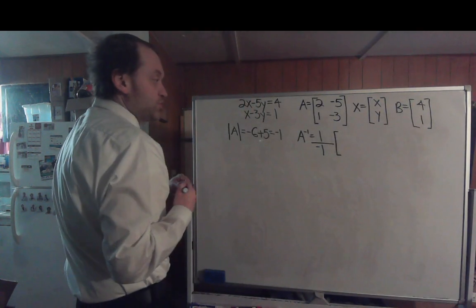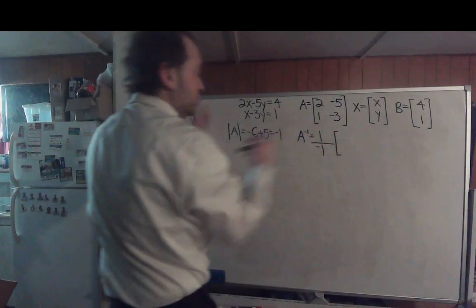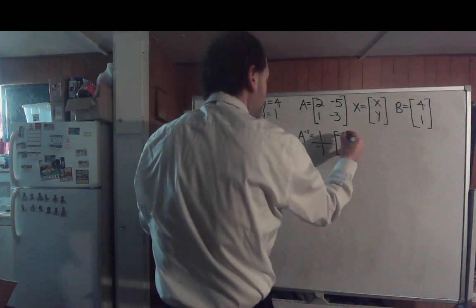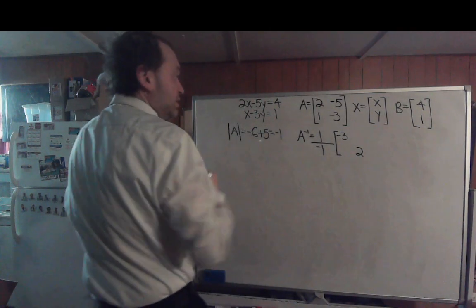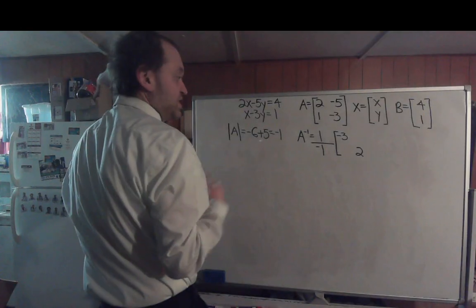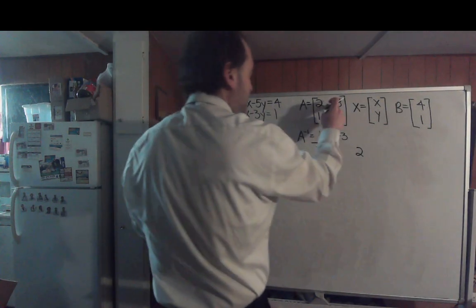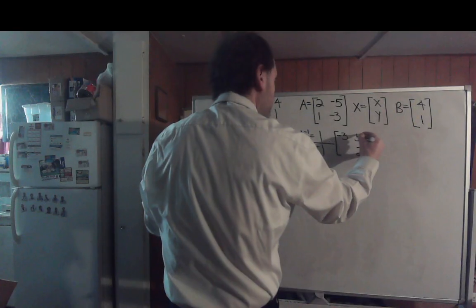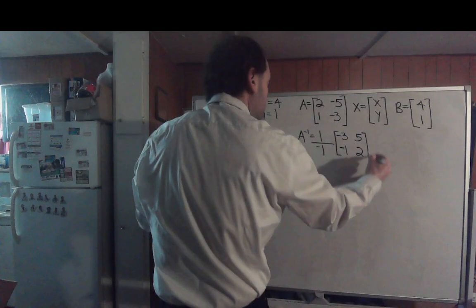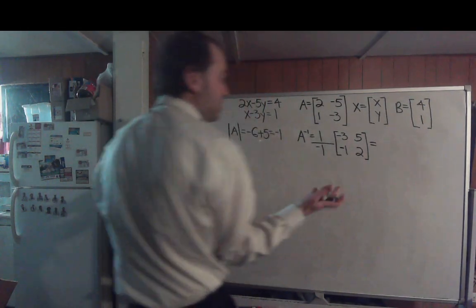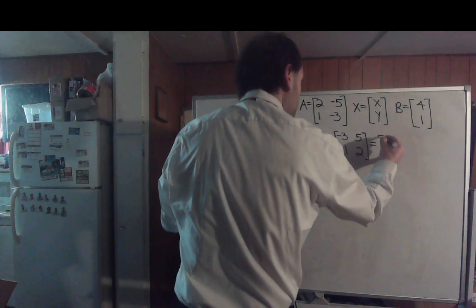Now for your matrix here, you take your A and D and switch places. So the negative 3 is going to come here, the 2 is going to come here. You leave your B and C coefficients in the same places, but you negate them. So negative negative 5 is positive 5. Negative 1 here. So now just take your matrix, multiply it by negative 1.